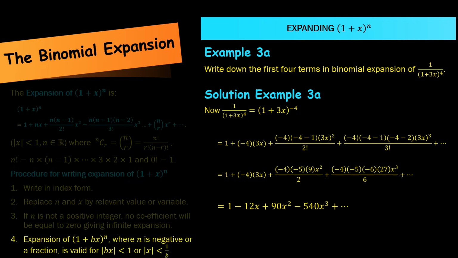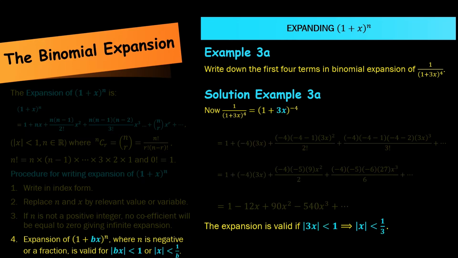We're going to now look at where this expansion is valid. In our expansion of 1 plus bx to the power n, we need to have mod bx less than 1. So for our example, the expansion is going to be valid when mod 3x is less than 1.